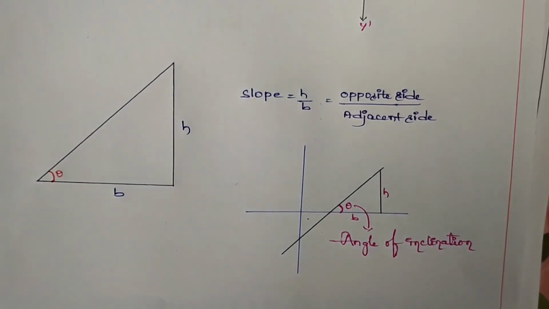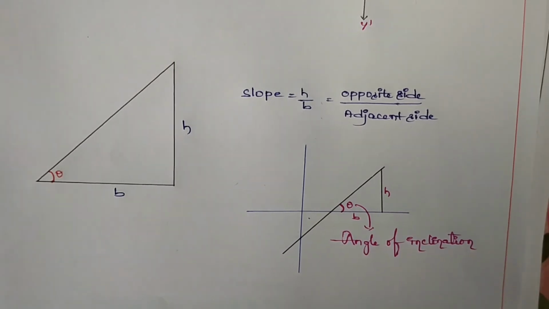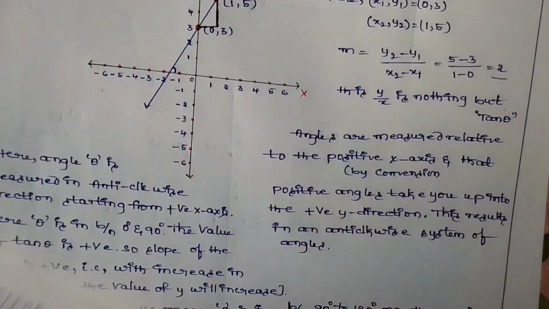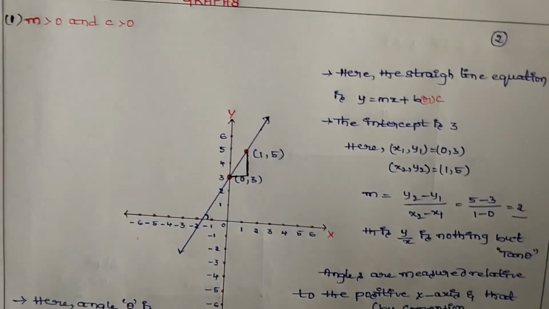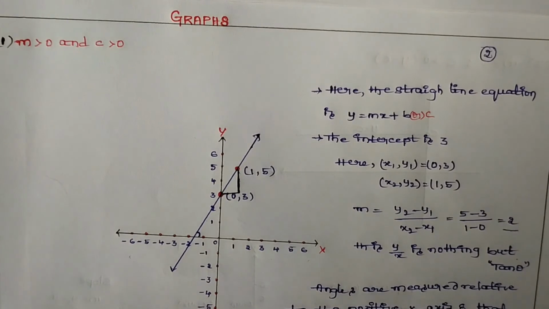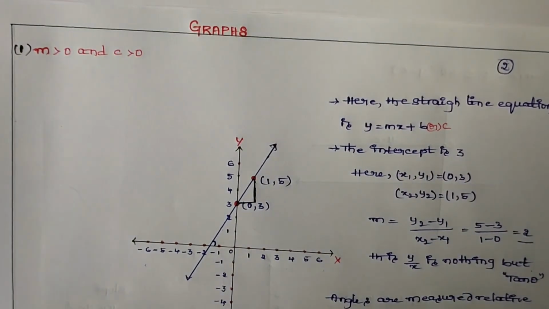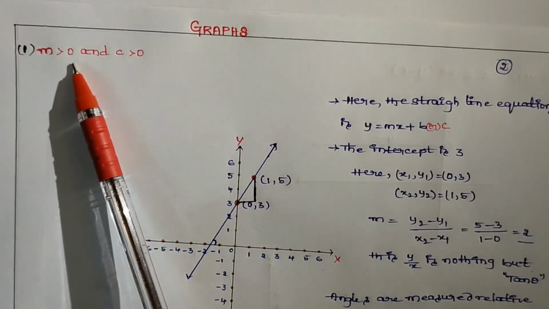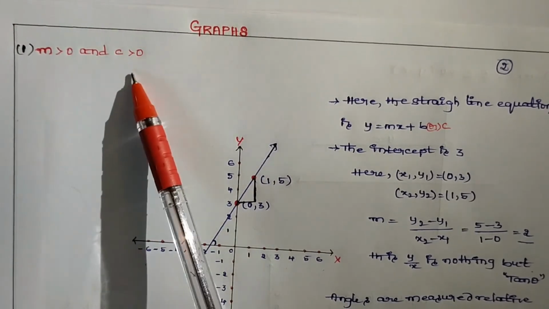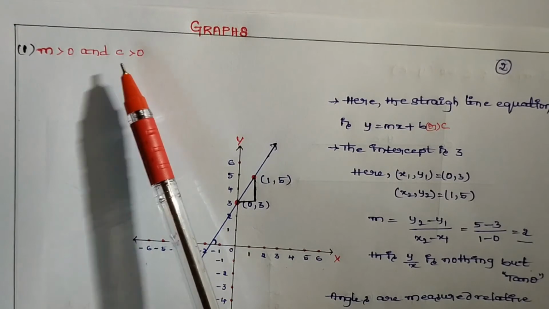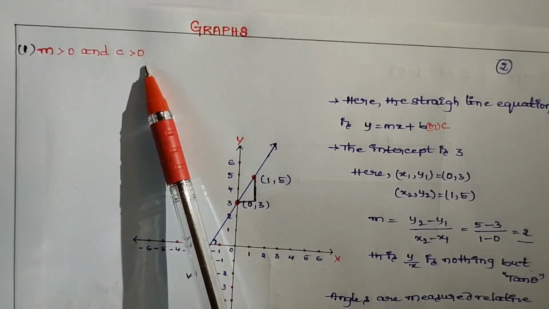Now we will discuss some example graphs with different slopes and different intercepts, particular intercept values of a line. If you see here in the first example, slope m is greater than 0 and c, the intercept of that particular line, is also greater than 0.